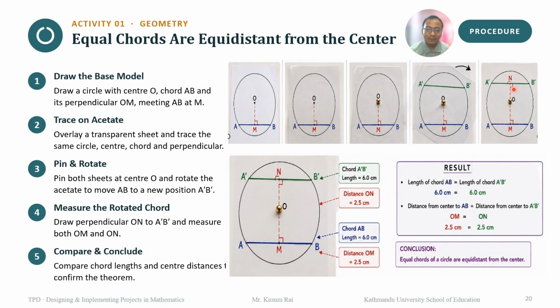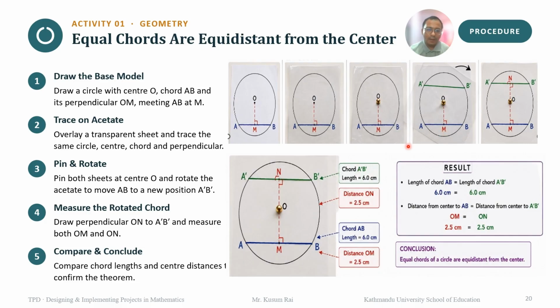While comparing this measurement, both the chords are equal already, because we drew them by overlapping the transparent sheet over the drawn chord and circle, so they are equal.